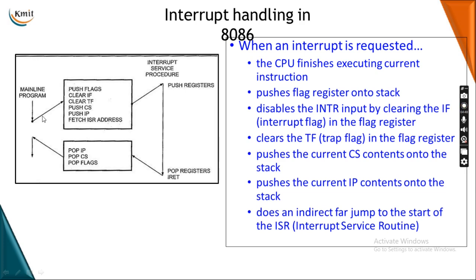Suddenly an interrupt occurs, it stops the execution here and comes to the interrupt service procedure. The CPU finishes executing the current instruction and stops. Then it pushes the flag register onto the stack.